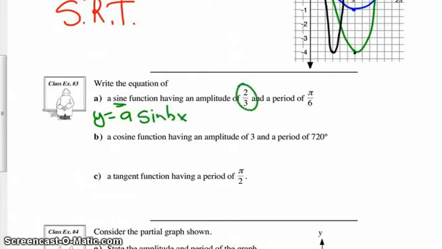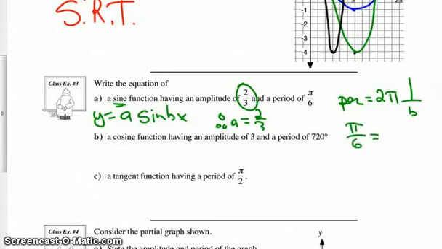Because the amplitude is 2/3, therefore a is equal to 2/3. But period is equal to 2 pi times 1 over b. So when you substitute in what we've got for period, I know the period is pi over 6. So what had happened to 2 pi in order for that to happen?